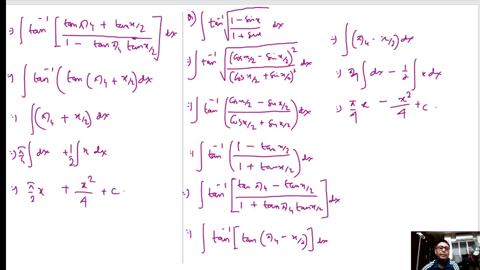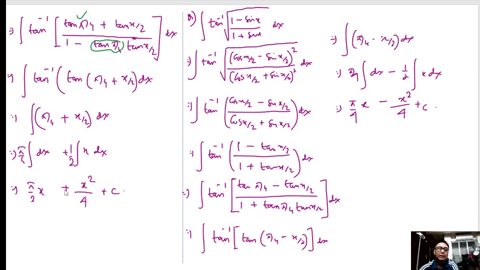Now please watch. 1 I can write as tan pi by 4, and it was 1 plus tan x by 2, so I could easily write tan pi by 4 plus tan x by 2. So 1 is tan pi by 4.